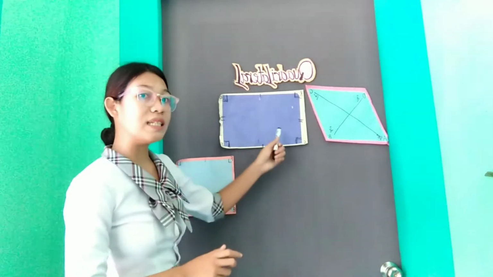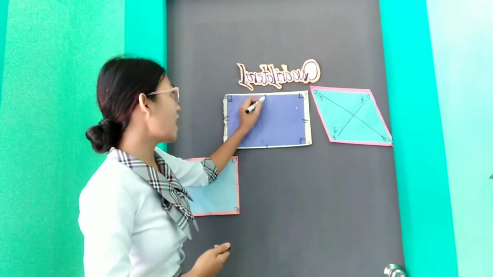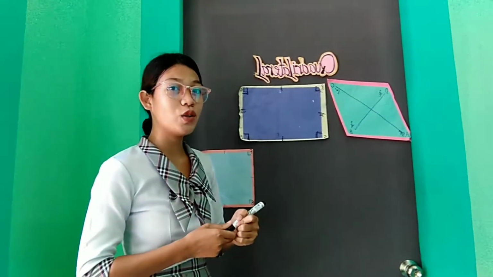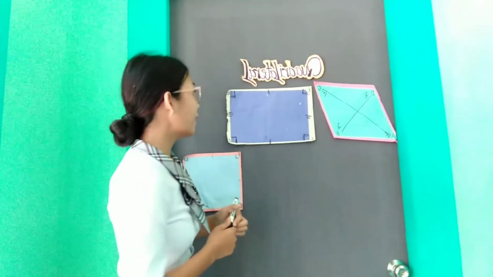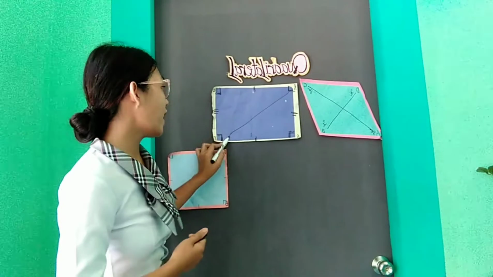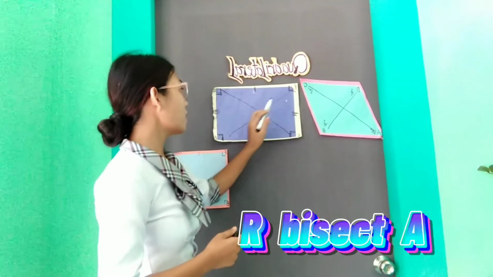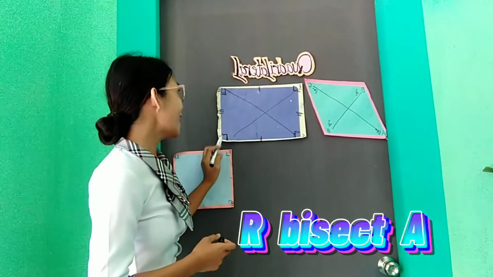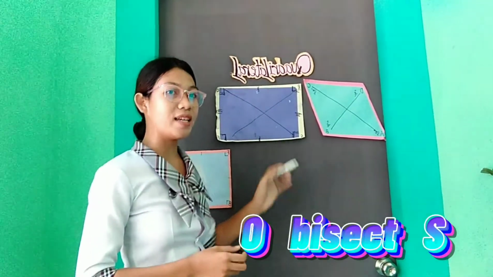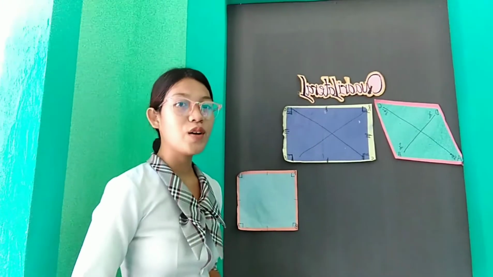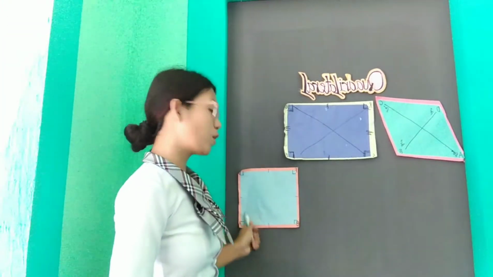So opposite sides are also equal. Then the diagonals bisect each other. As we can write this, R is congruent to E and O is congruent to S. So let's proceed to the square. In a square, all sides are congruent.